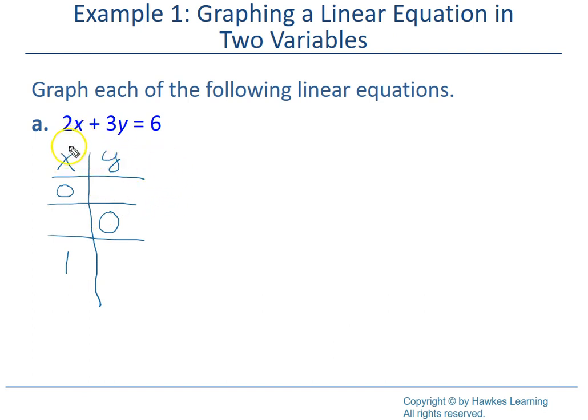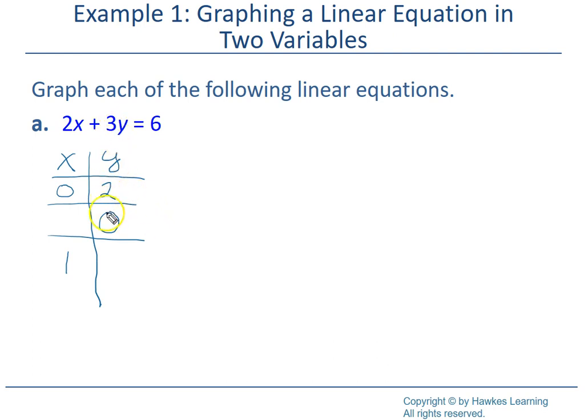So now, if x here is a 0, 2 times 0 is 0, so this becomes a 0. So we're just left with this little equation here. 3y equals 6. Well, we're going to divide both sides by 3, and we get y is 2.